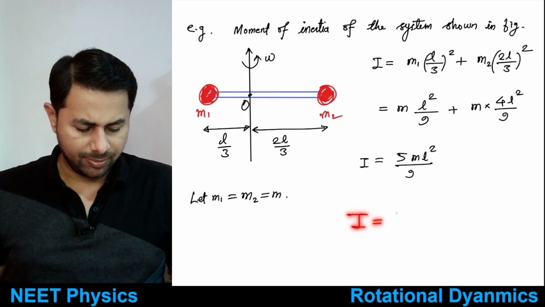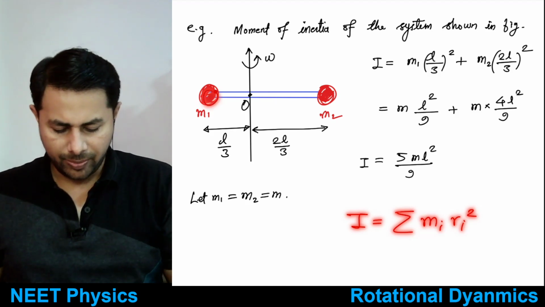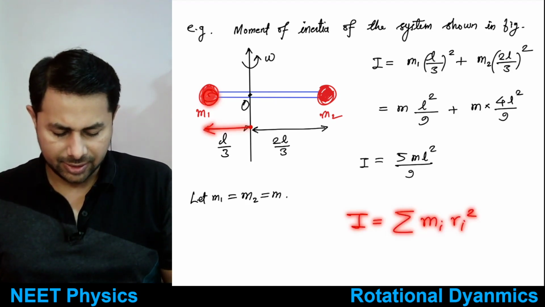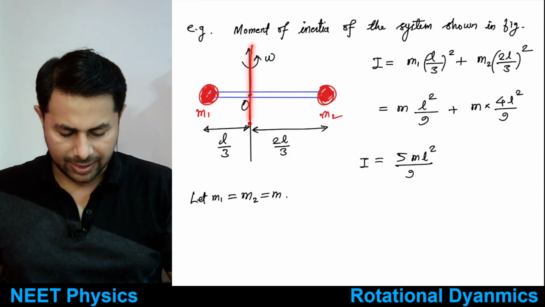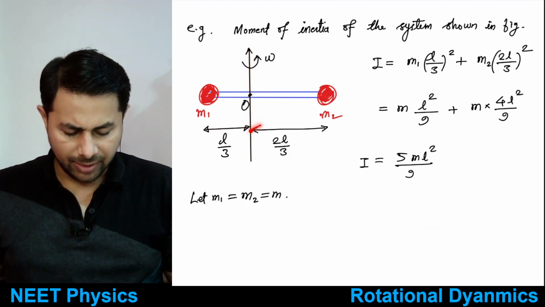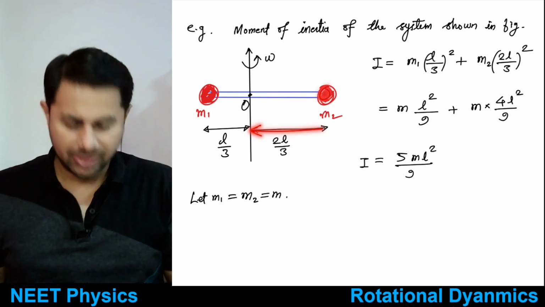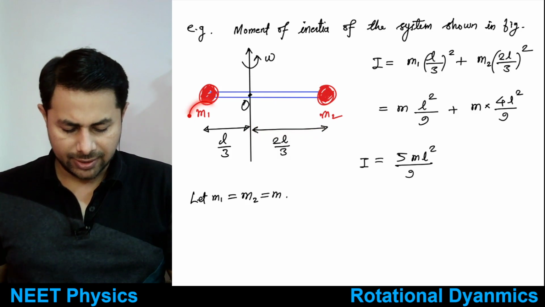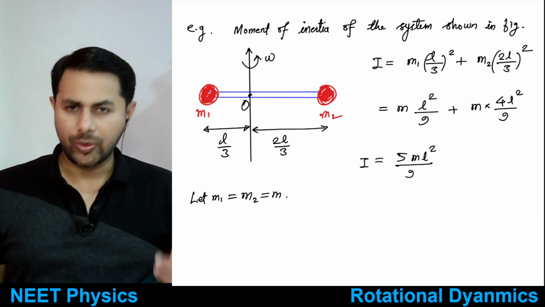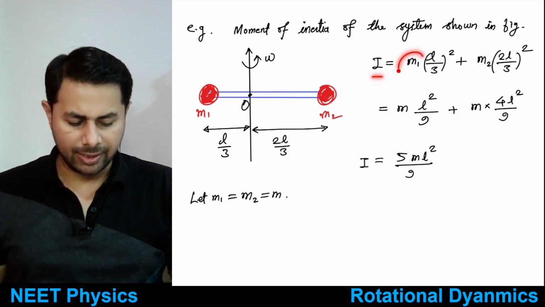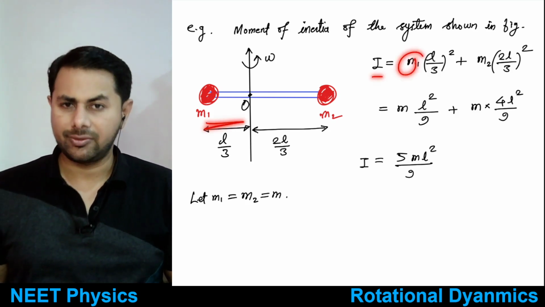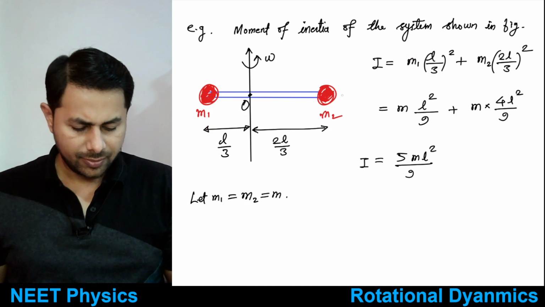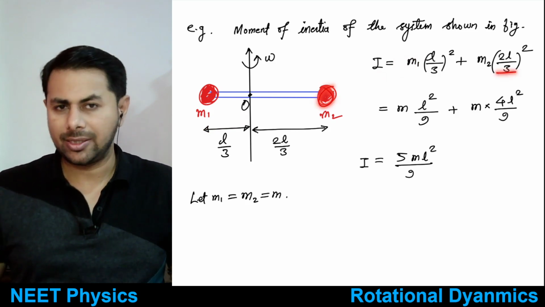It is the summation of m_i r_i square. The first particle is at a distance of L by 3 from the axis of rotation. The second mass is at a distance of 2L by 3. The masses are m1 and m2. So what would be the moment of inertia? I is equal to m1 multiplied by (L by 3) square plus m2 multiplied by (2L by 3) square.